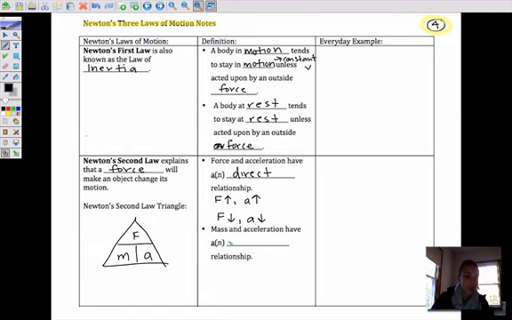Mass and acceleration, on the other hand, have an indirect relationship. That means that if mass goes up, the acceleration of the object will go down. And the reverse is true, that if the mass of the object decreases, the acceleration will increase if the same amount of force is applied.